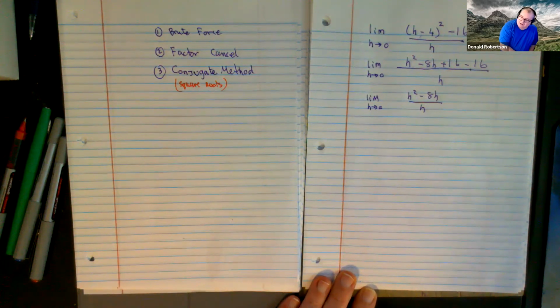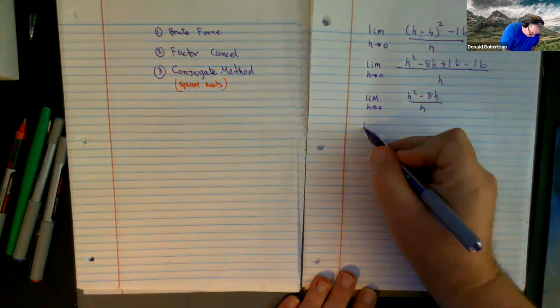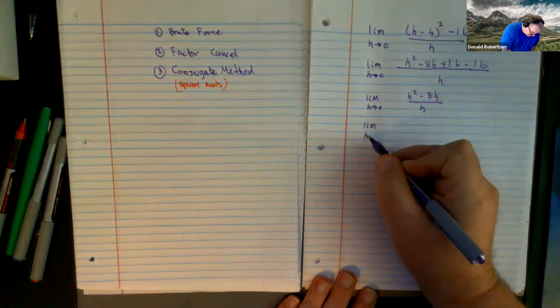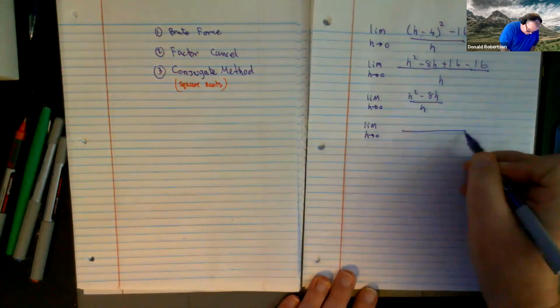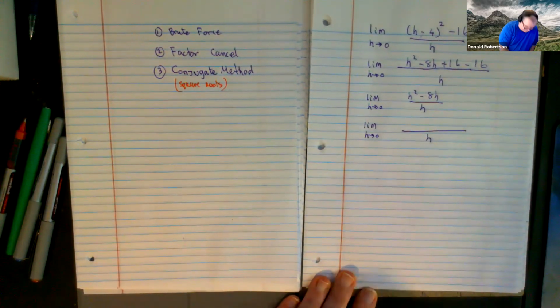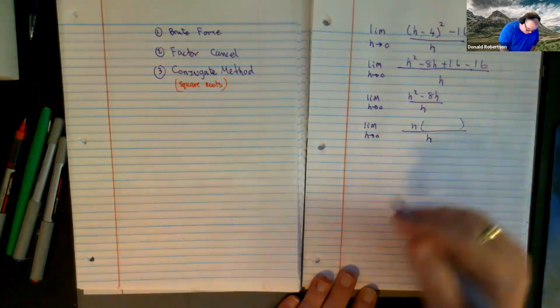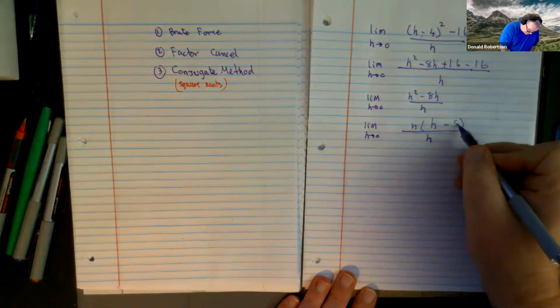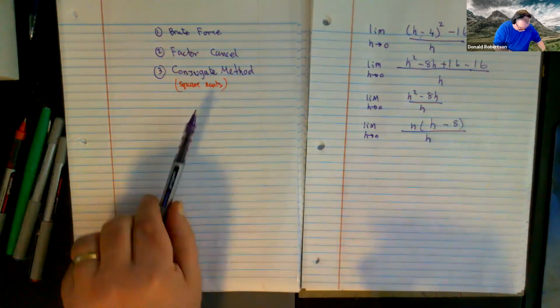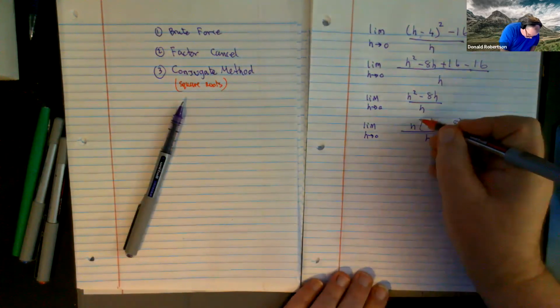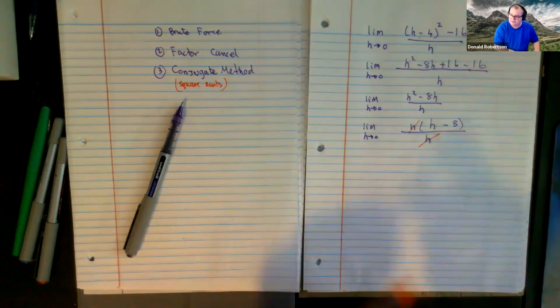Okay, now I think I can do factor and cancel. Hopefully you can tell me what to factor. Agreed. And if you take out h as a common factor, won't you be left with that guy? So there's the factor part done. And then don't we do cancel?